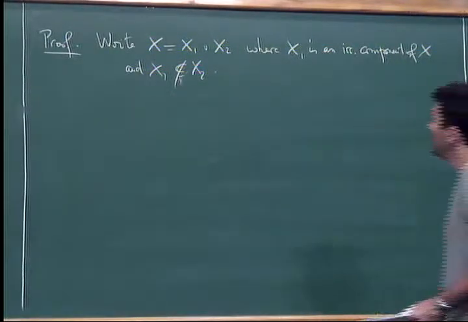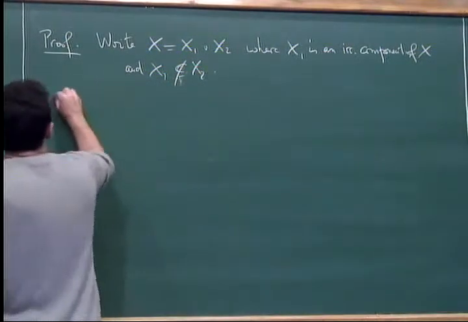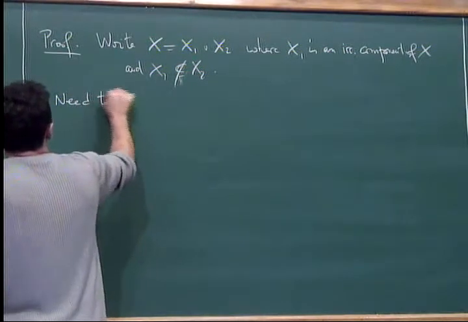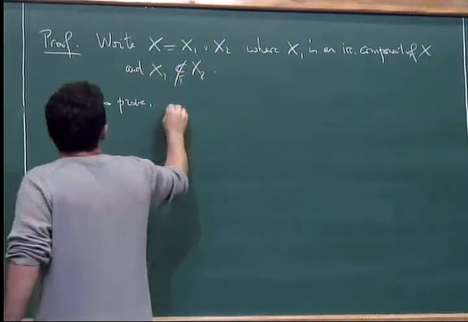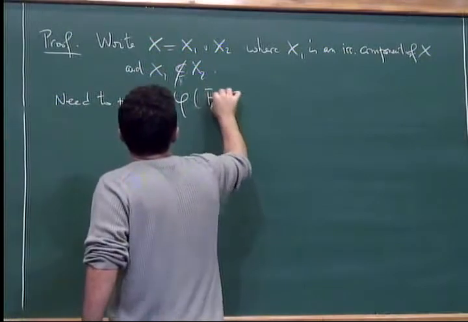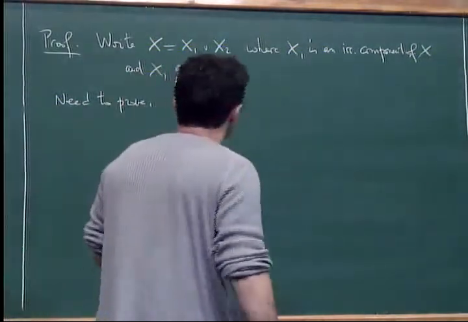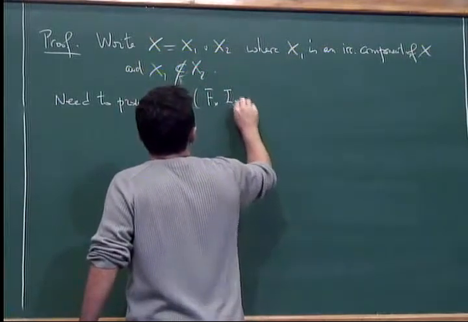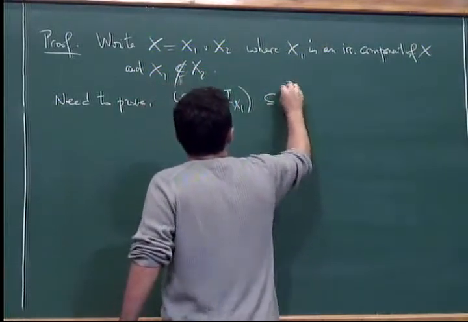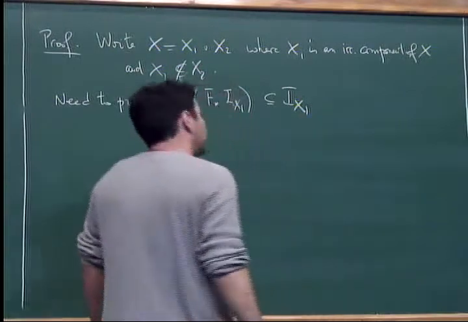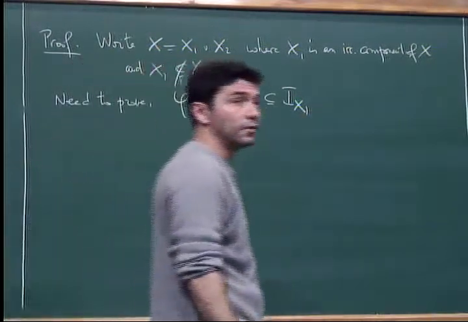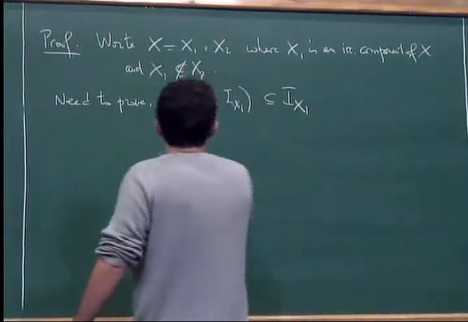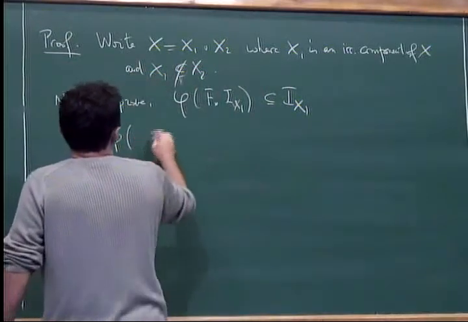Okay, so you need to prove that phi, which is a splitting of X, maps the ideal of X1 into the ideal of X1.